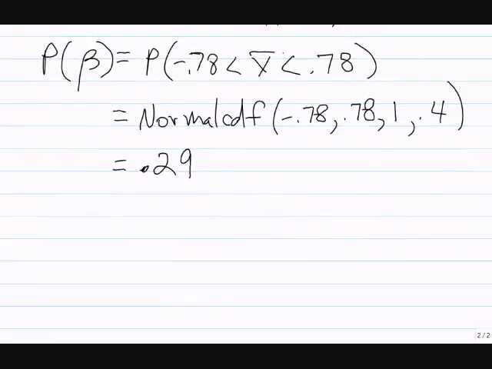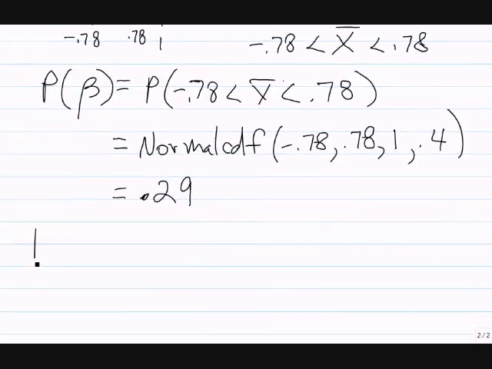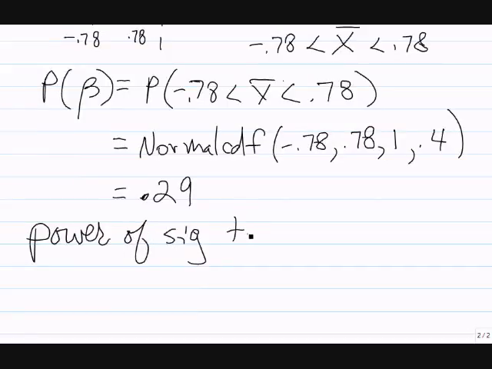All right, new thing. Power. The power of my significance test is the complement of the probability of the type 2 error. So it's 1 minus the probability of the type 2.